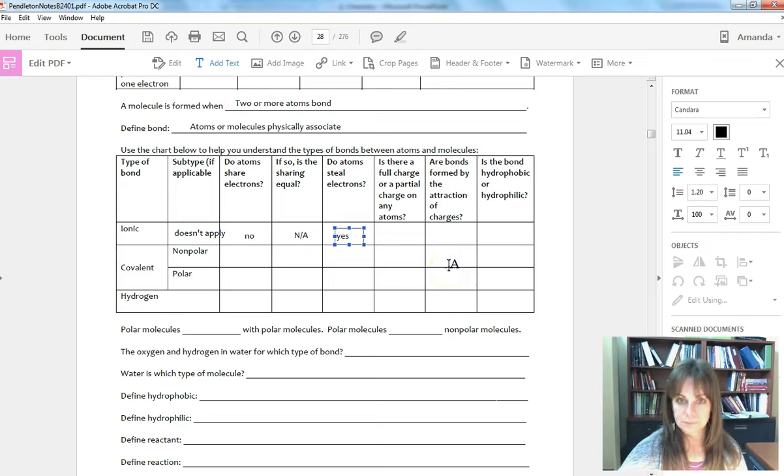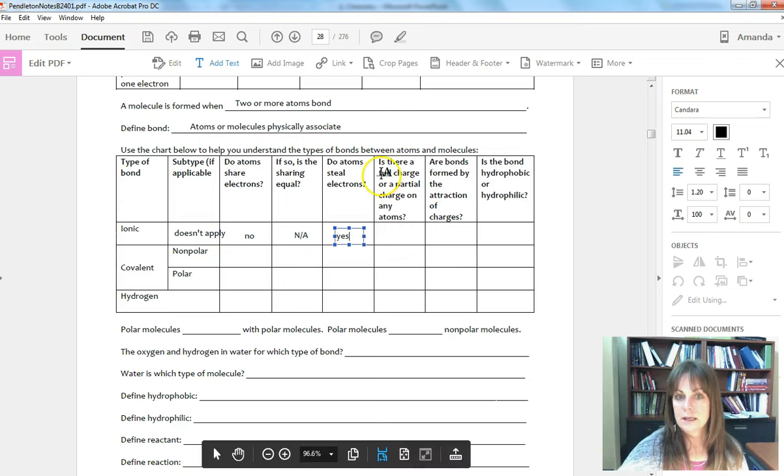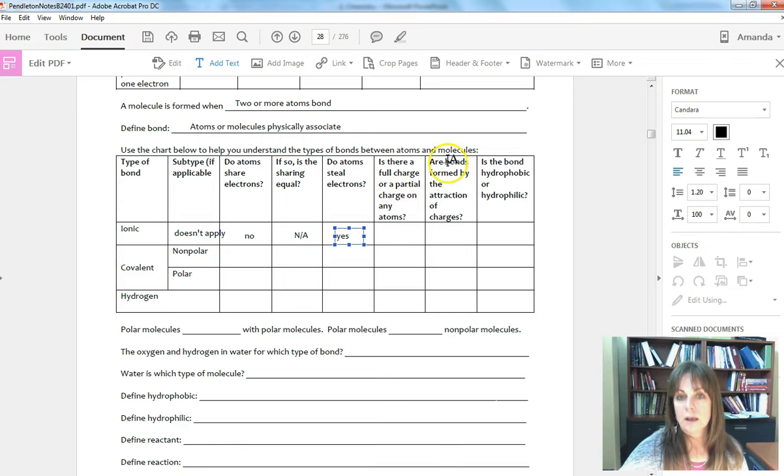Now let's come back to this idea of full charges or partial charges, and go to the next column. Are bonds formed by the attraction of charges? We said positive and negative attract, so yes, you bet. Then let's come back to this last column in a minute.